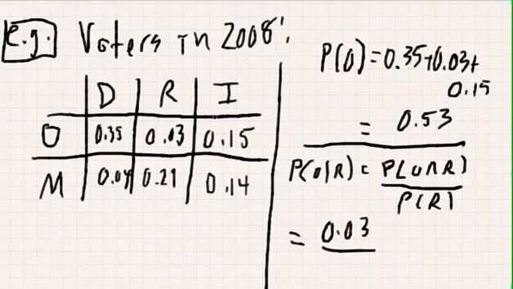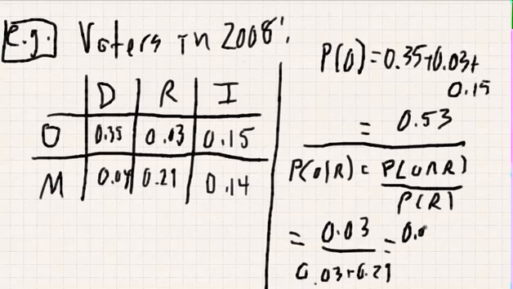But the probability that a voter was Republican is 0.03 plus 0.29, which is 0.32.